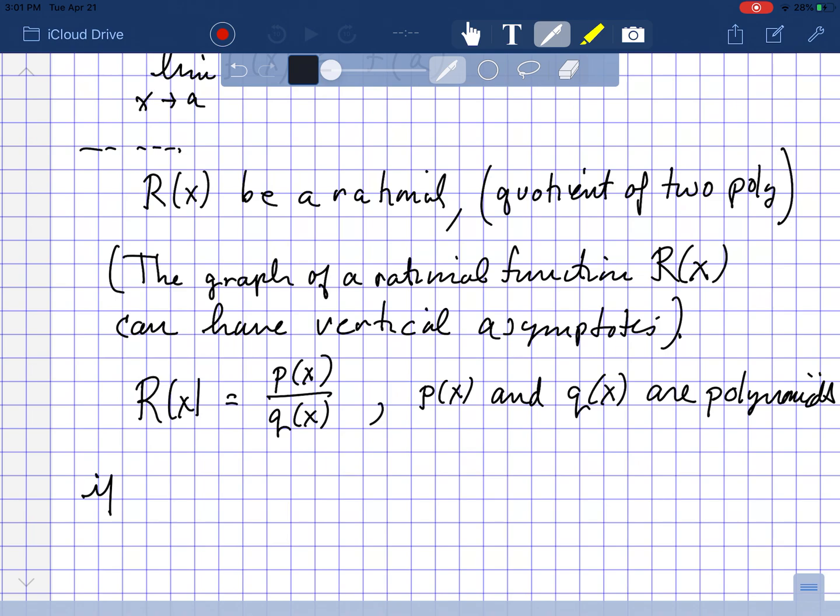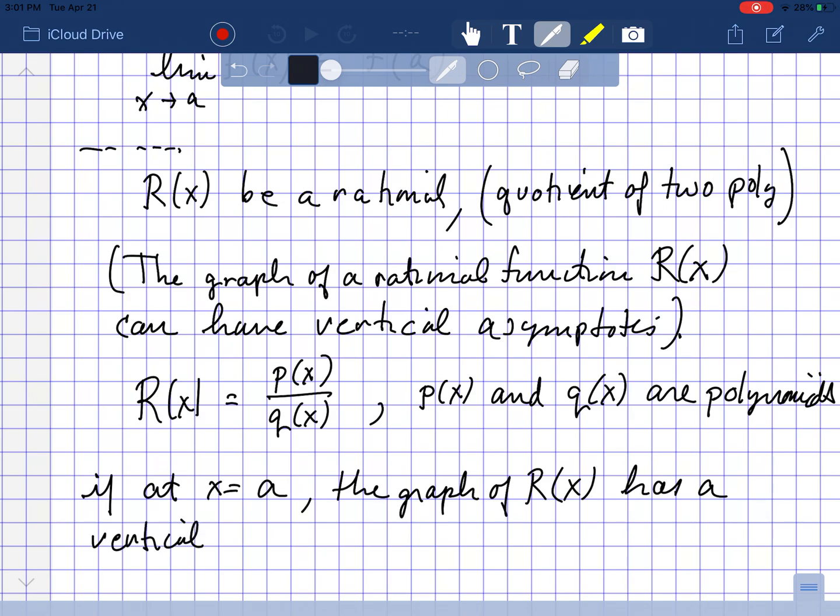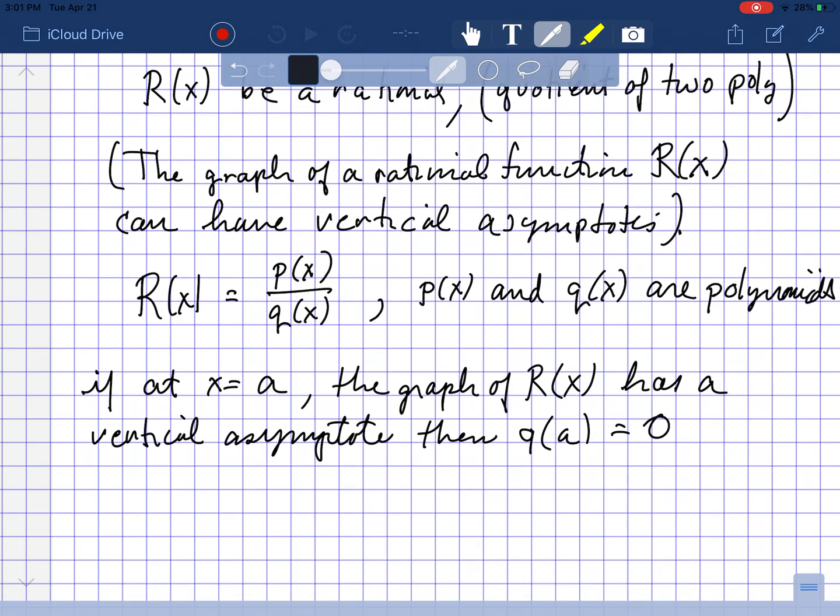If at x equal a, the graph of r of x has a vertical asymptote, then q of a is certainly equal to 0.